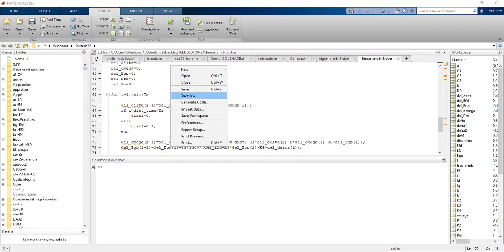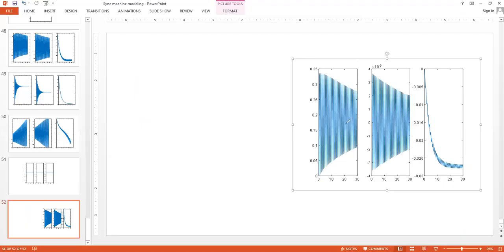So let's copy it, copy the figure, let's paste it, and let's bring it to you. Okay, so this is for the linearized model.